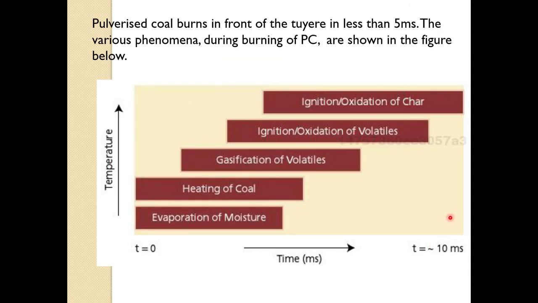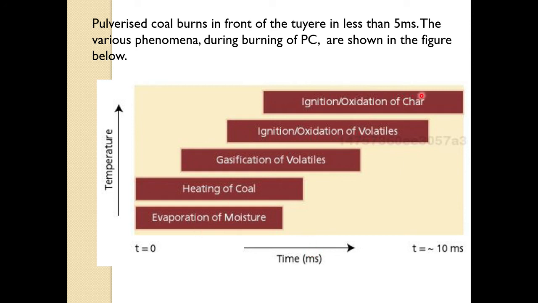As you will see in this slide, the coal takes less than 5 milliseconds to burn. And during that 5 milliseconds you can see what happens: evaporation of moisture, heating of coal, gasification of volatiles, ignition and oxidation of volatiles, ignition and oxidation of char.